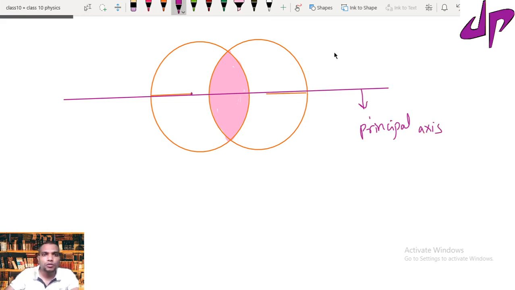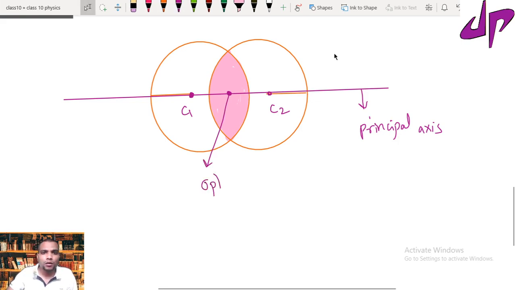The principal axis passes through the center of curvature C1, through the center of curvature C2, and through the midpoint of the lens. The midpoint of the lens we call the optical center. So this term is known as optical center.